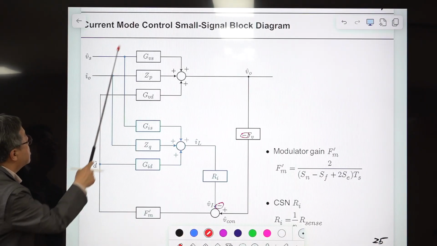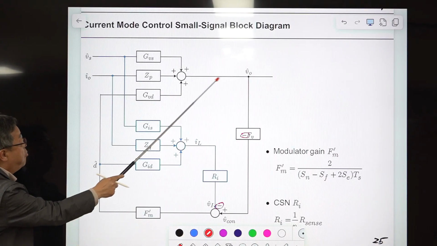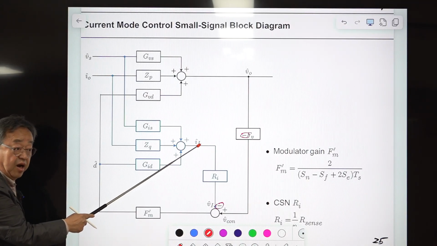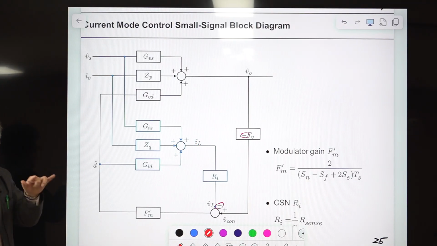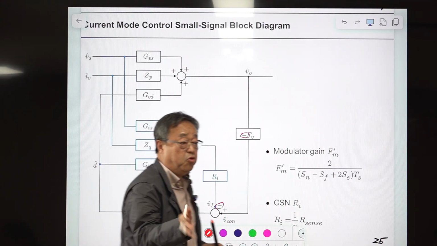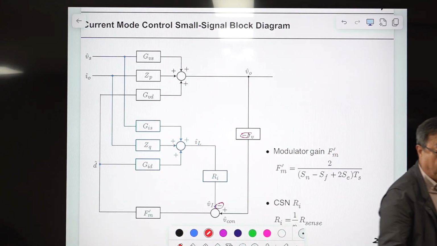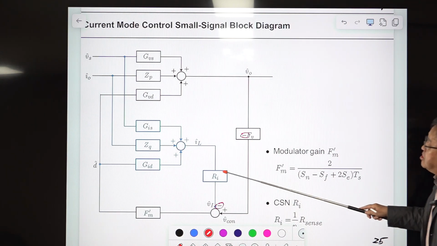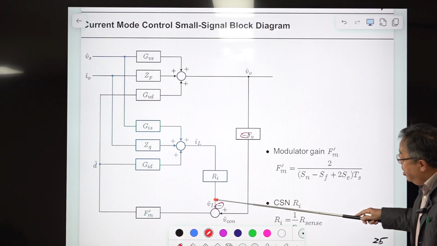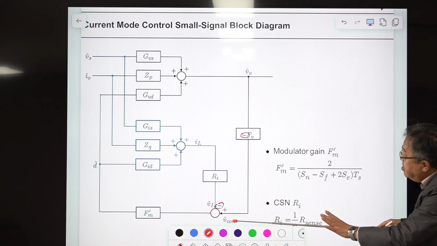So we are copying this here. The output of this was Vo hat, and the output of this is iL hat, which is the small signal inductor current, maybe a sinusoidal small signal variation of the inductor current. And there is a current sensing network here. This is the gain of the current sensing network, and they are added.